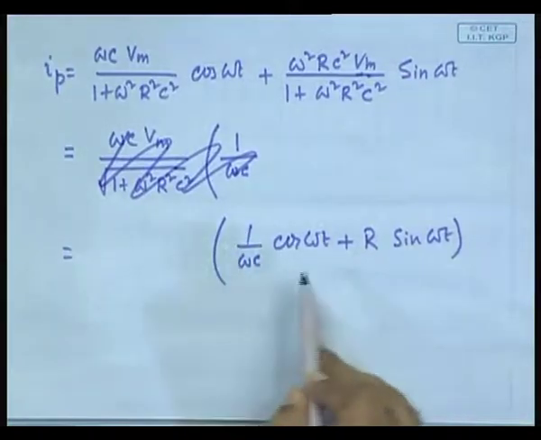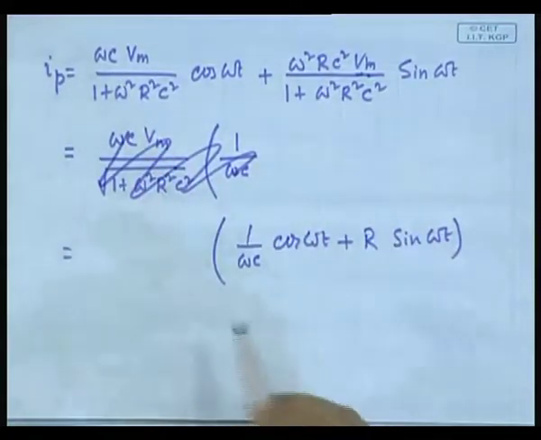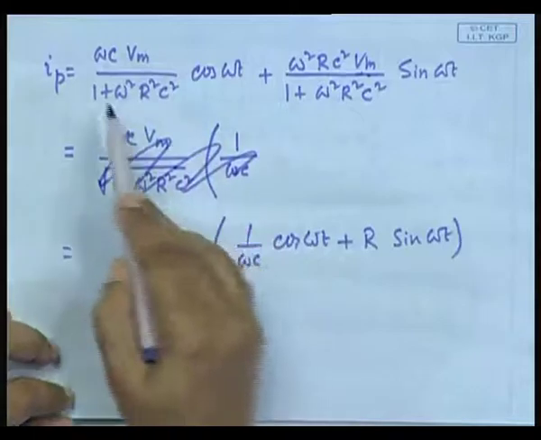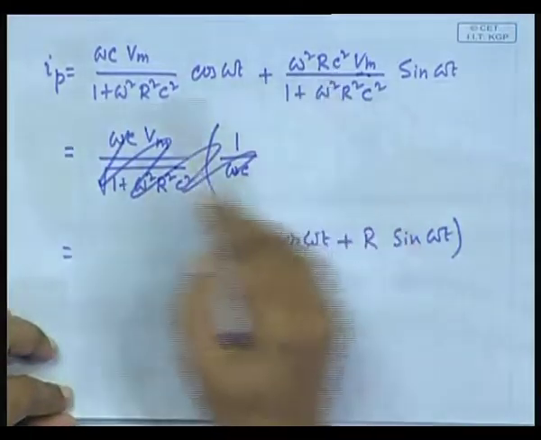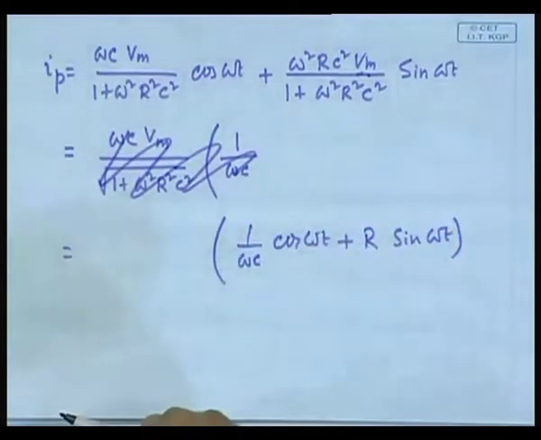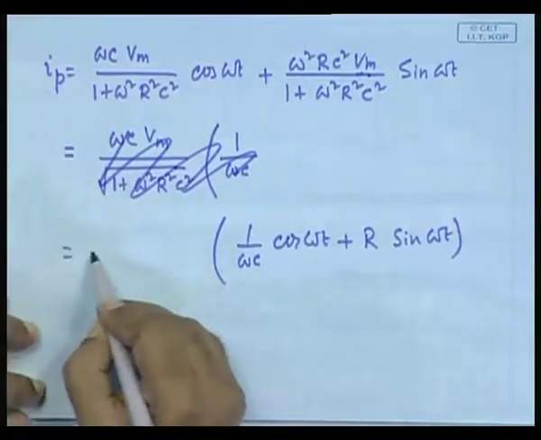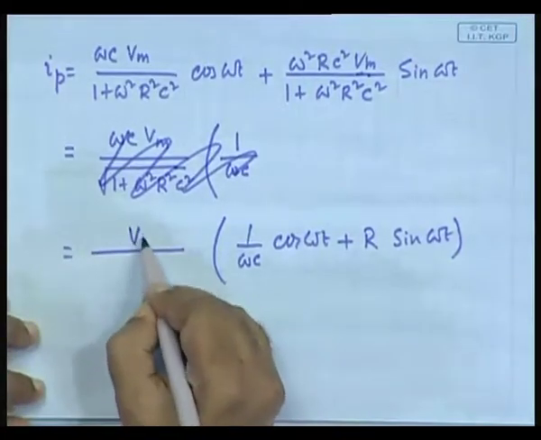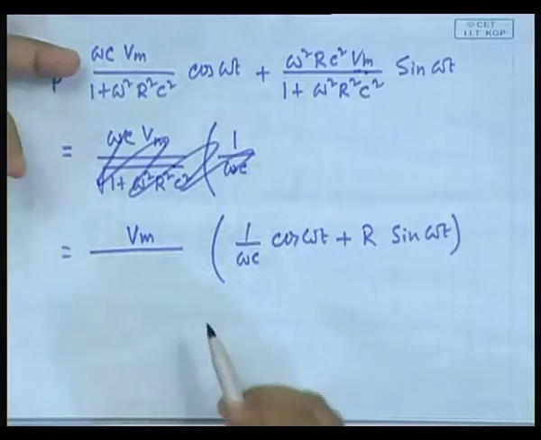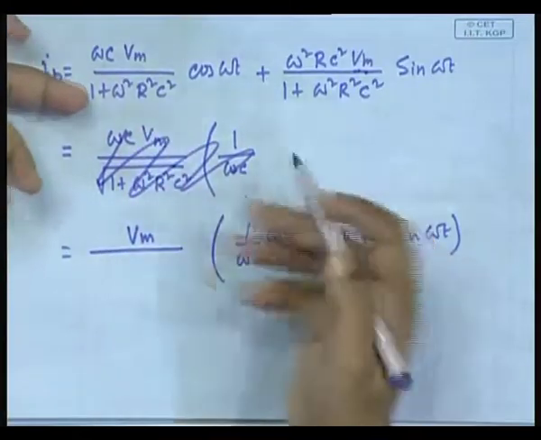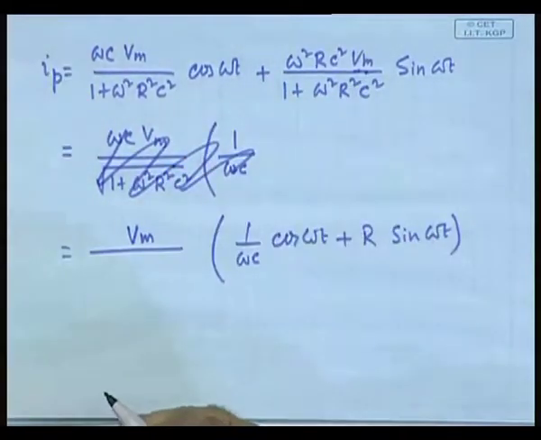So, in order to do that, because r was here, r was not here, this is omega square c square, here is omega c. So, we can appropriately take common. What comes common? It is V m divided by 1 plus omega square c square.